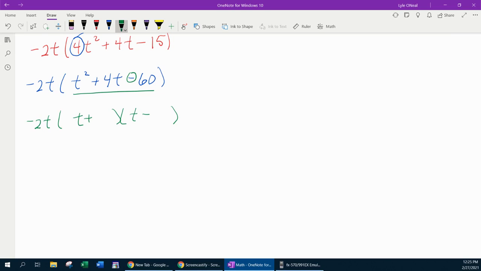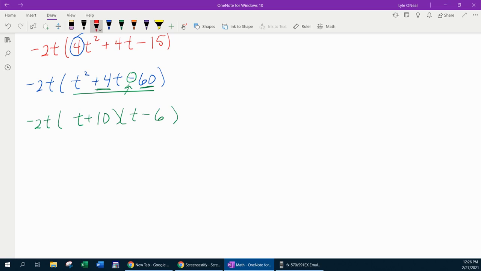T times t makes t squared. And I need numbers that multiply to make 60 that subtract and make positive 4. Let's see. Numbers that multiply to make 60 would be 6 and 10. And I think the 10 needs to go with the plus. Okay, so check it. 10 minus 6 is positive 4. 10 times 6 is 60. So I have the right numbers there.